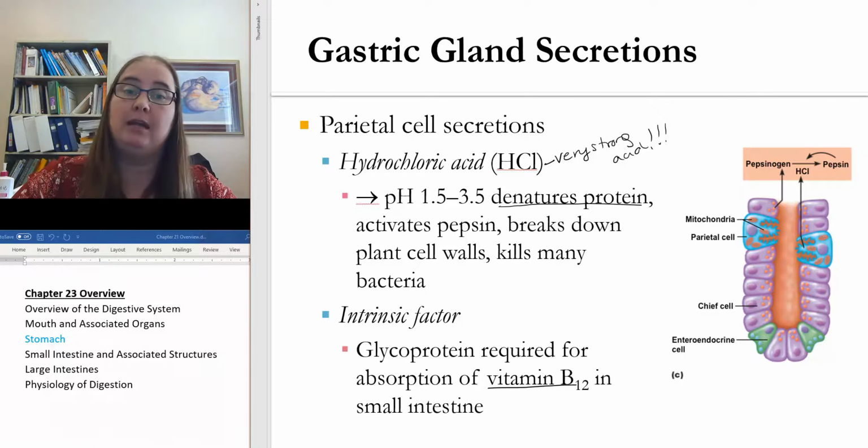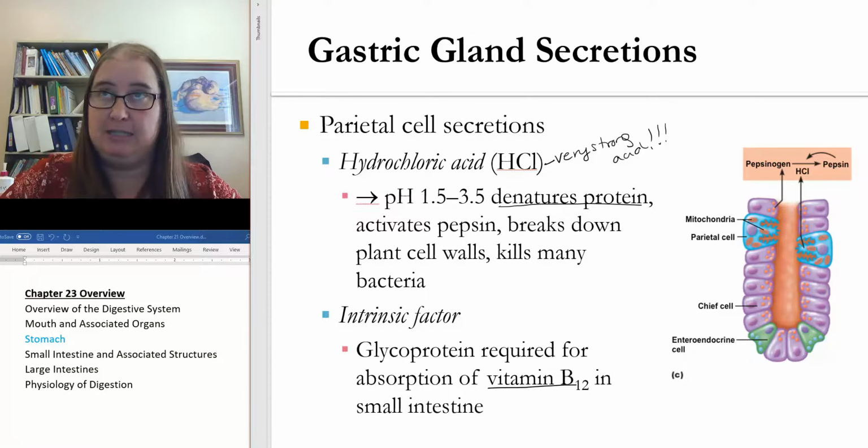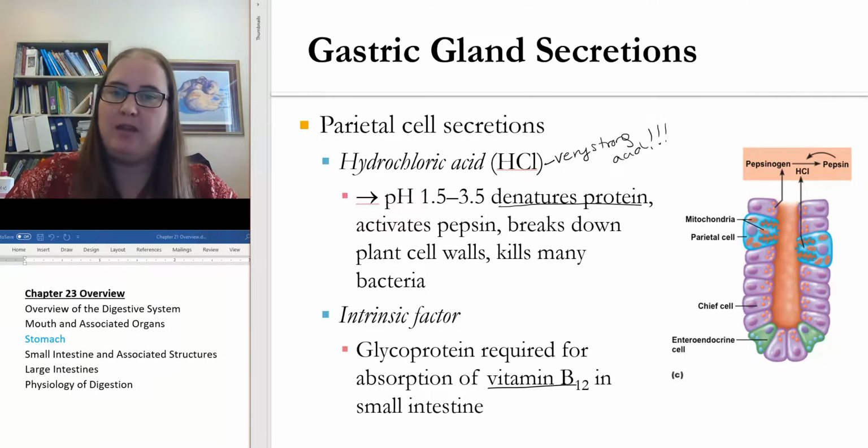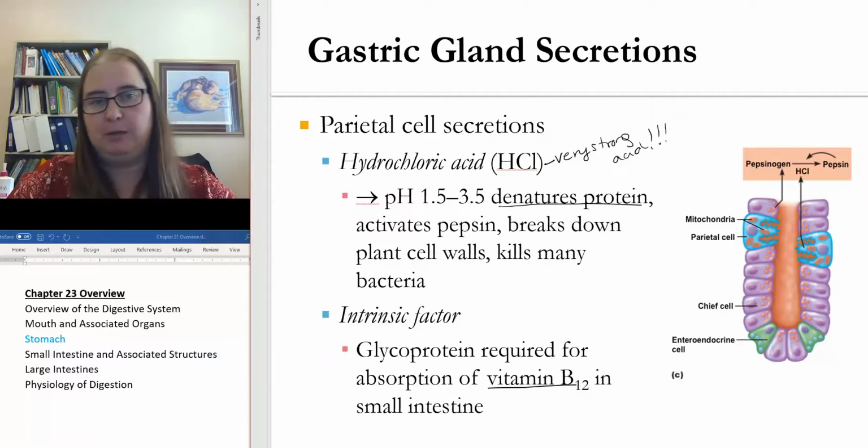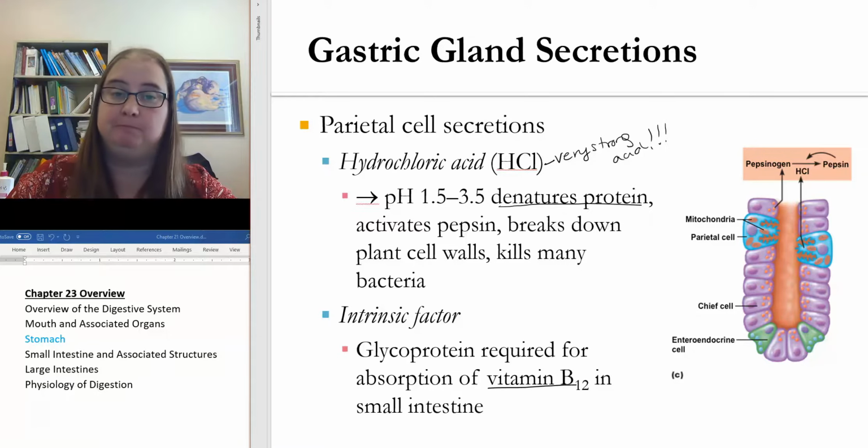Or three, your intrinsic factor isn't being produced enough. If your decrease in vitamin B12 is due to intrinsic factor, taking oral B12 will not help you because it has no way of being absorbed in the body unless intrinsic factor is there. So you need that intrinsic factor in order to absorb B12 out of your diet.